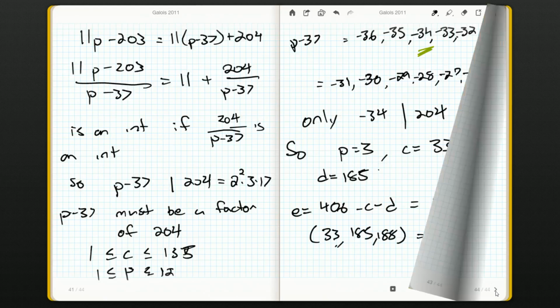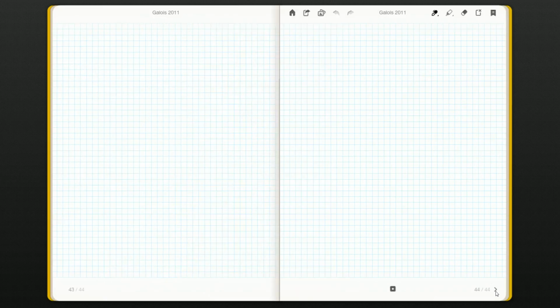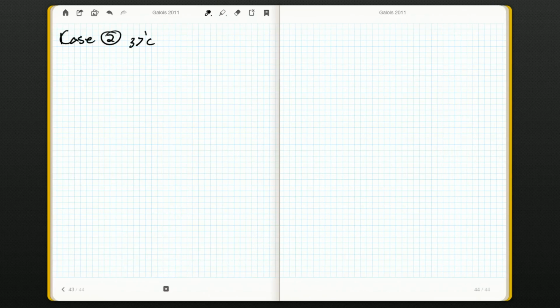Now, we also had the other possibility, let c be a multiple of 37. So that's c is divisible by 37, and 11 is divisible by d. Okay?